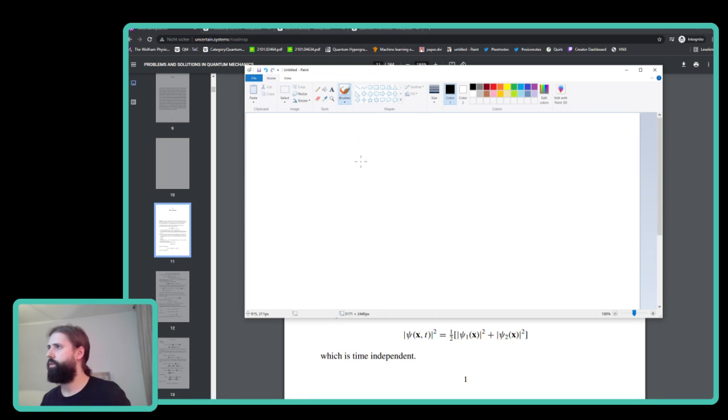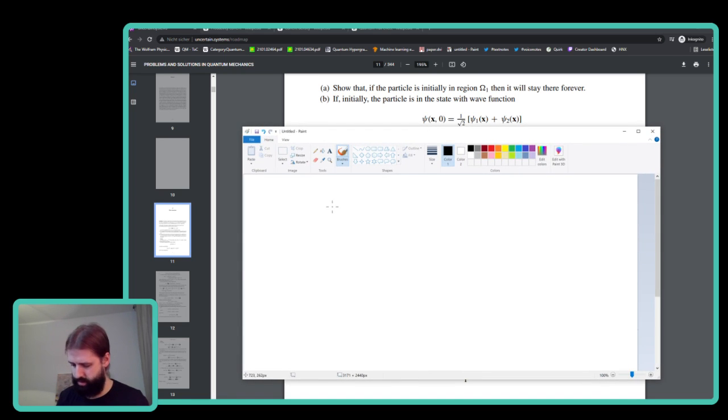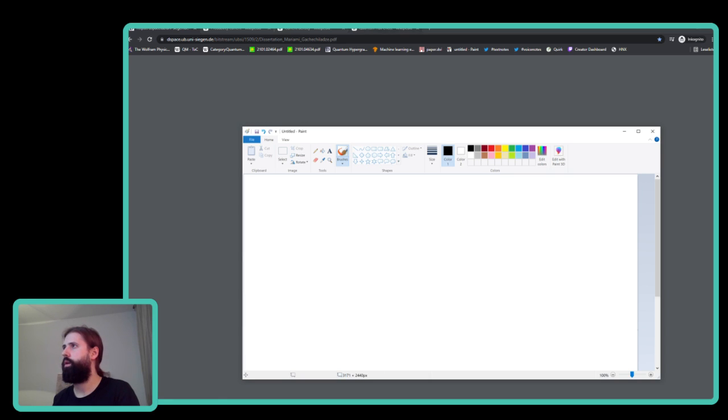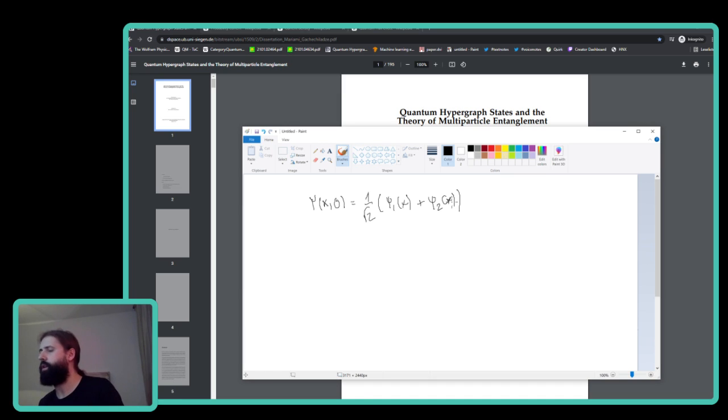And so the initial wave function is psi of x at 0 equals psi 1 of x, psi 2 of x, these being the eigenfunctions.